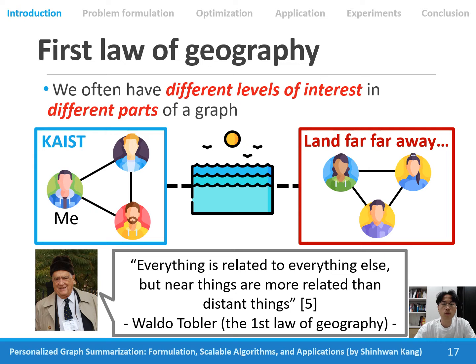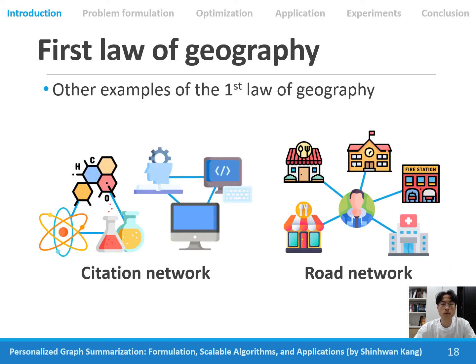According to the first law of geography, everything is related to everything else, but near things are more related than distant things. As another example, in a citation network, we are more interested in citations in our field of study more than citations in other fields. Moreover, in a road network, we prioritize information about places closer to us more.